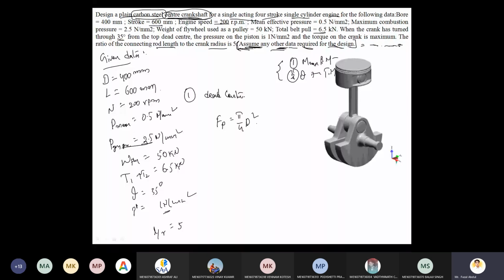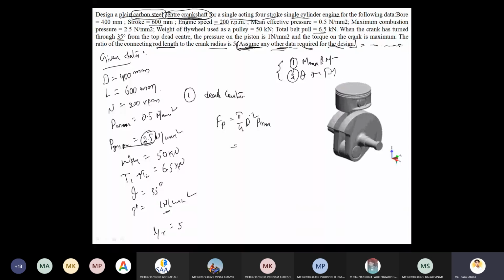So maximum gas pressure is acting how much? 2.5. What is the bore diameter? 400 mm. So substituting here, gas force is pi by 4 into 400 mm square into 2.5.